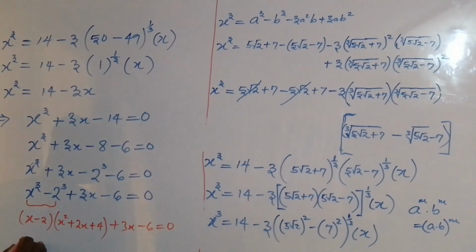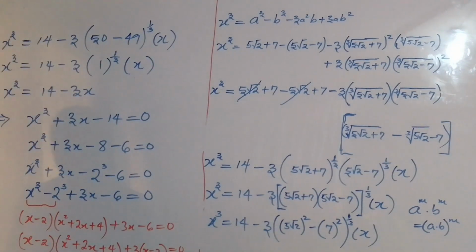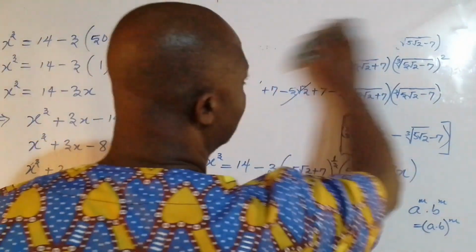So I have here x minus 2 times x squared plus 2x plus 4 plus, let me factorize this out, 3 times x minus 2 equal to 0. So you can see that x minus 2 is a common factor.